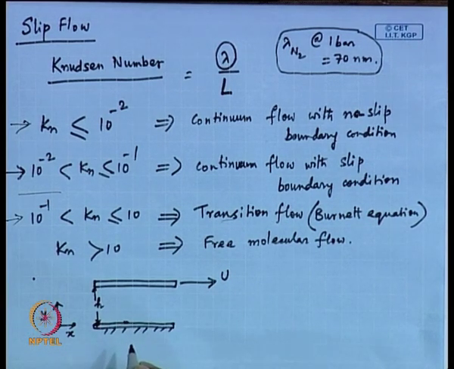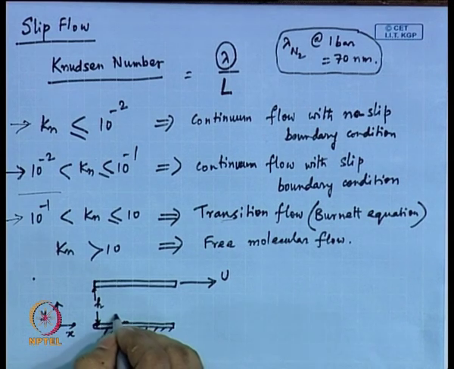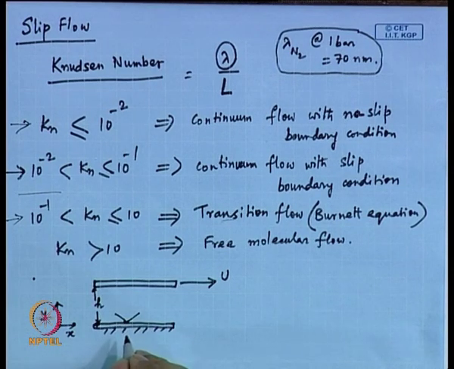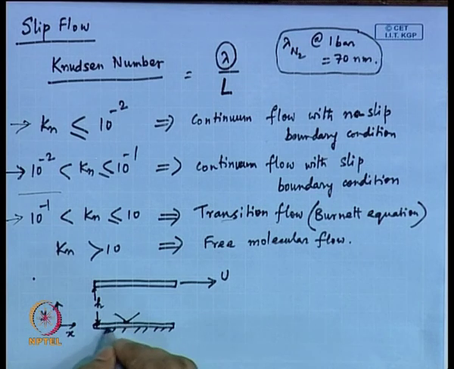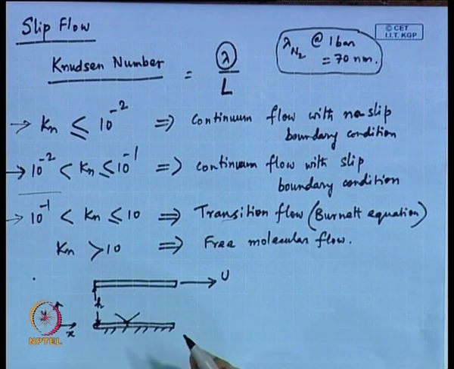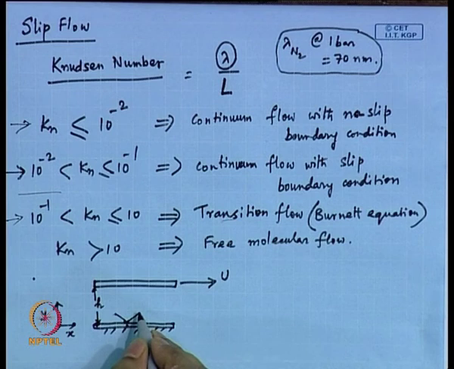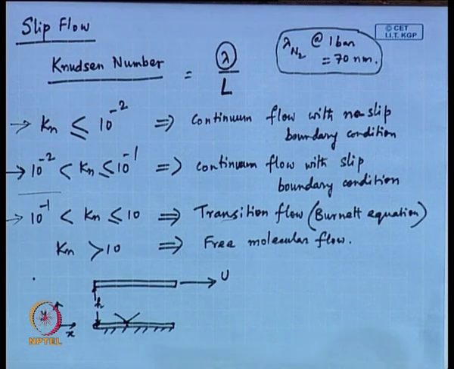But in the case of a slip flow, what you assume is that a molecule comes, hits the wall and bounces off, and whatever momentum it carries will interact with the wall. If this wall is fixed, you have one situation. If this wall is moving, you have another situation. But this molecule will come and bounce back, and whatever happens due to this would be taken into consideration.